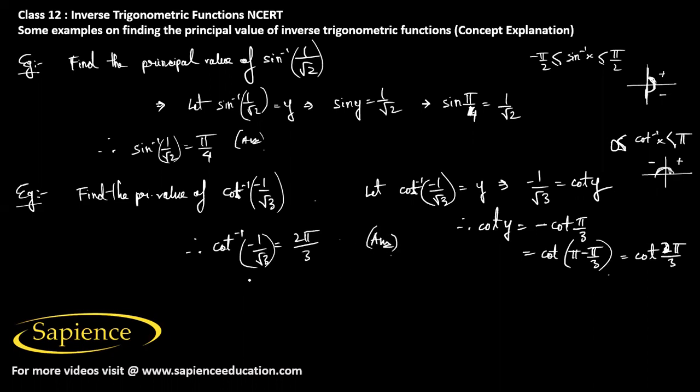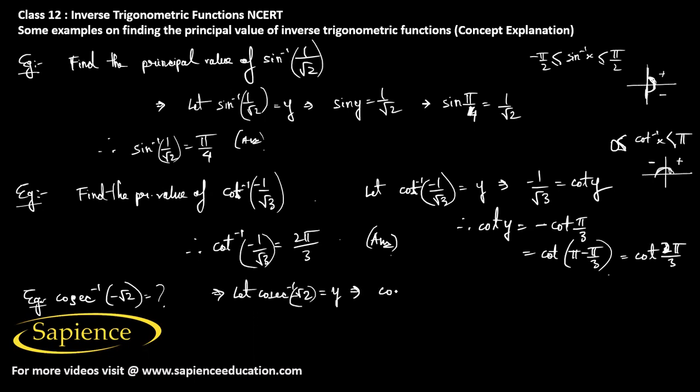Similarly, suppose it is asked to find the principal value of cosec inverse minus root 2. This you have to find. Let cosec inverse minus root 2 be equal to y.